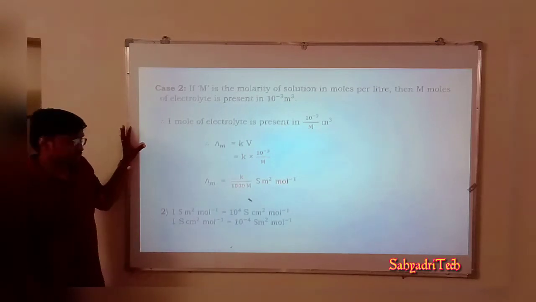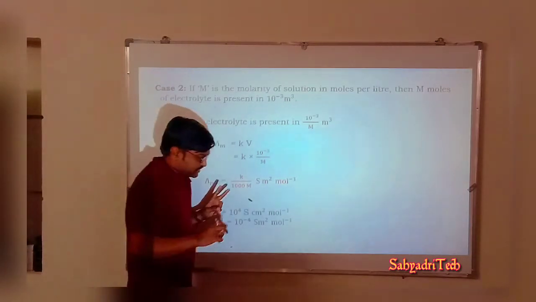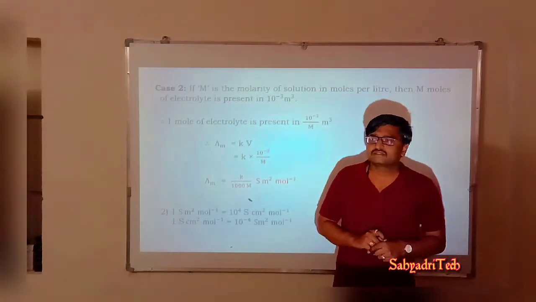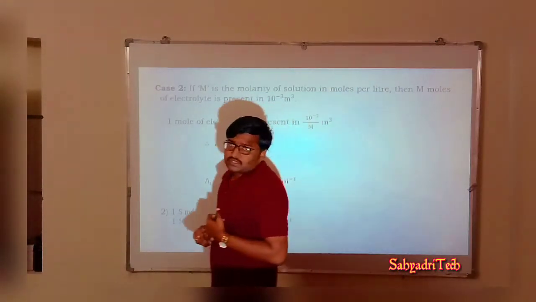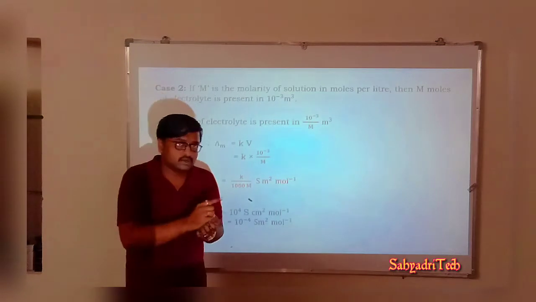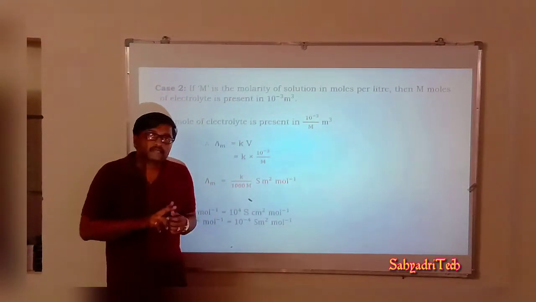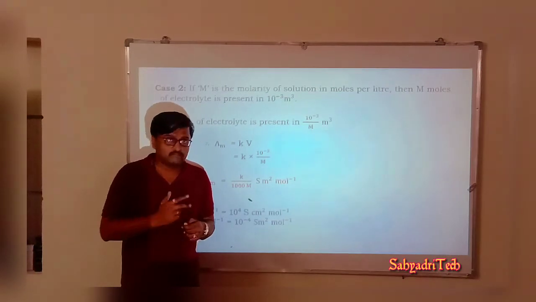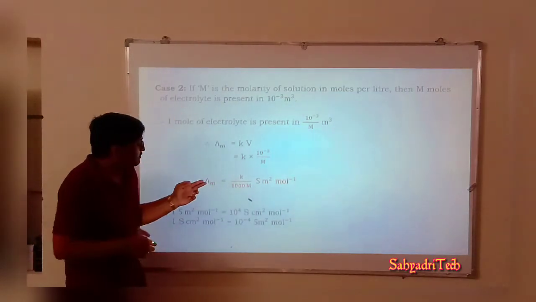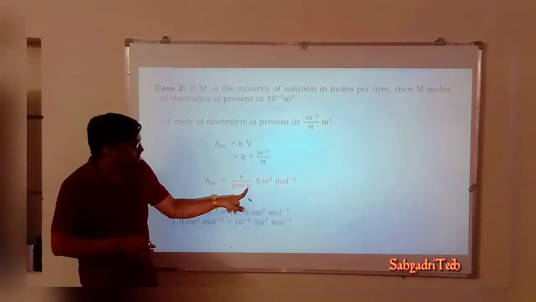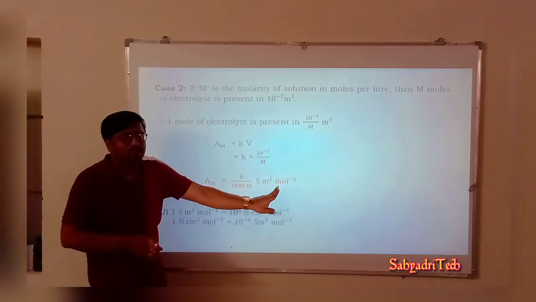So two formulas we have for molar conductivity, or I can say molar conductance. First one, lambda m is equal to kappa into 1000 divided by m, Siemens centimeter square per mole, or else lambda m is equal to kappa divided by 1000 m, Siemens meter square per mole.